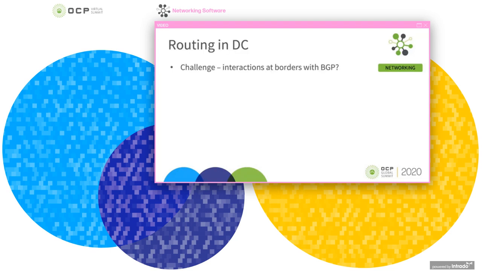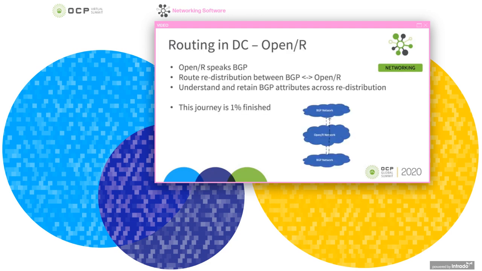In order to use OpenR in the data center networks, we still had one challenge to solve: the interconnections at the border with BGP. Since BGP is the default routing protocol, OpenR needs to interact with BGP to exchange the reachability information.